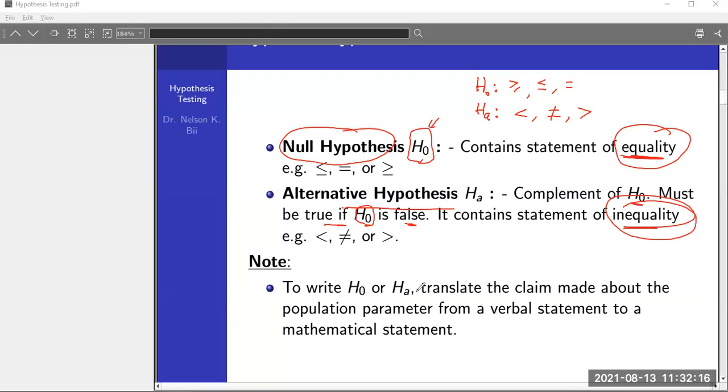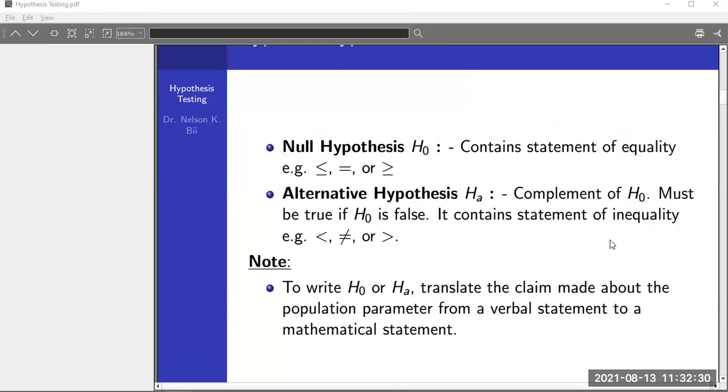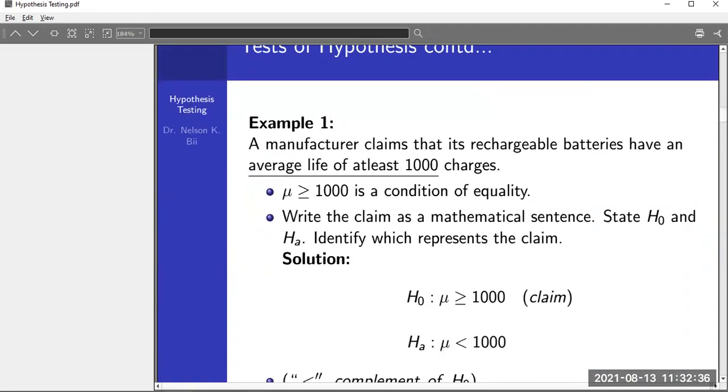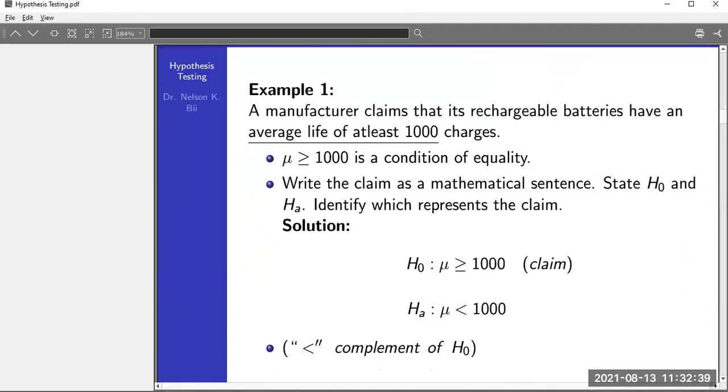So to write H naught or HA, null or alternative, we translate the claim made about the population parameter from a verbal statement to a mathematical statement. So it's very easy to see. Take a look at this example. A manufacturer claims that its rechargeable batteries have an average life of at least 1,000 charges.